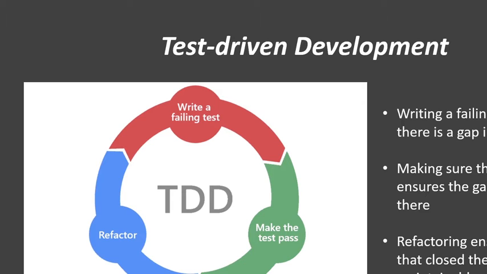So now we know that the feature that we have written the test for works. And then the final step, the refactoring, is in order to ensure that we don't just write code that succeeds tests, but actually write code that is easy to maintain, that follows whatever design patterns you want to follow in your code base and so on.